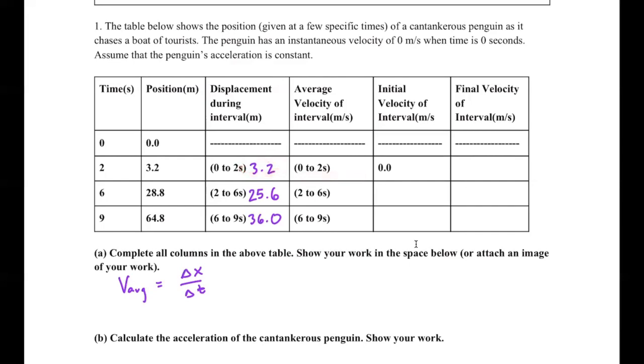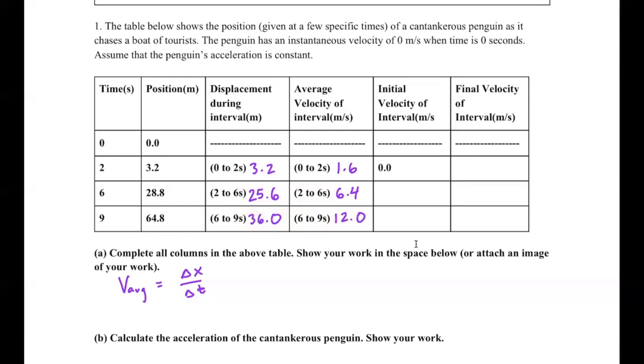So that's going to be 1.6. For the next one, the displacement from 2 to 6 is 25.6, and the length of that time interval is 4 seconds, because 2 to 6 seconds is 4 seconds long. So 25.6 over 4 gives 6.4. And for the last one, 36 over 3 gets 12 meters per second.